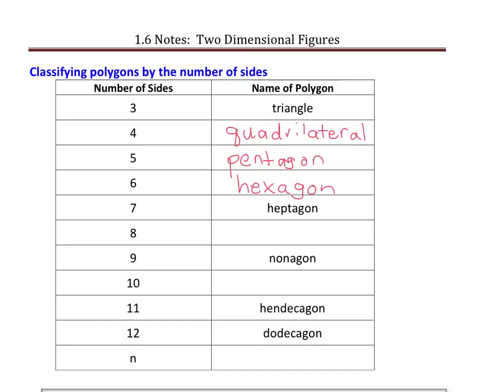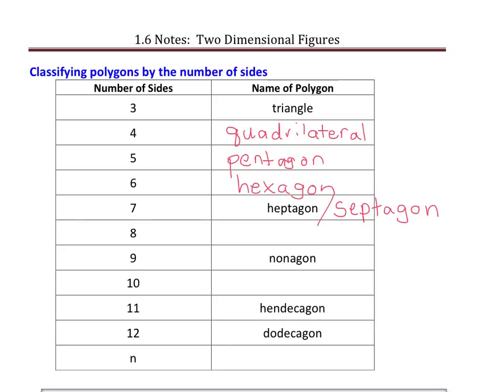Now, when it comes to 7 sides, the textbook calls the 7-sided figure a heptagon, hept meaning 7. But I was taught growing up more the French word for 7, which is septagon, so you may see that as well.